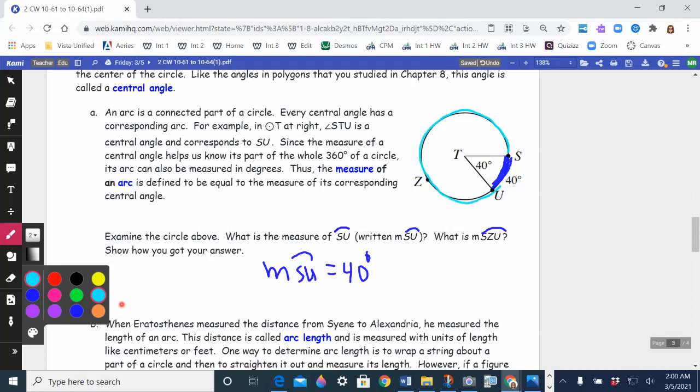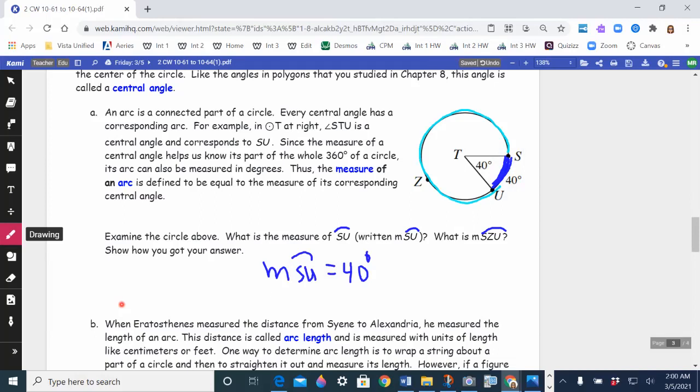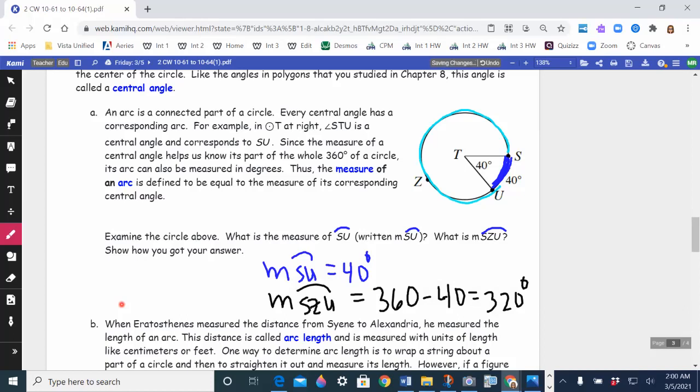Now, if SU is 40 degrees, that means that the rest of it has to be 320 degrees. So when we are trying to figure out the major arc, I'm going to take 360 minus the minor, and what's left is 320 degrees. Together, that minor and major have to add up to that 360 degrees.